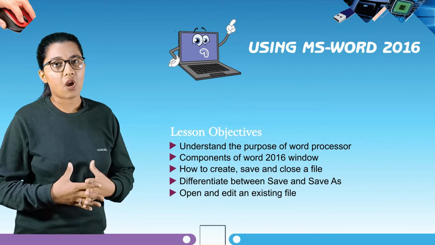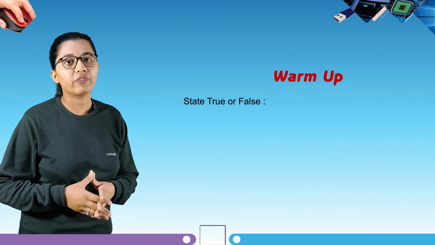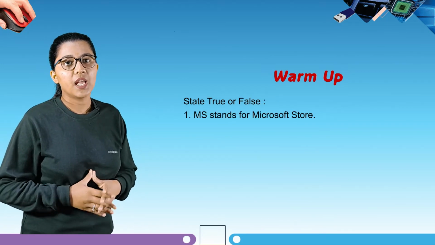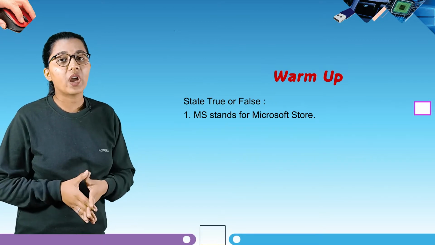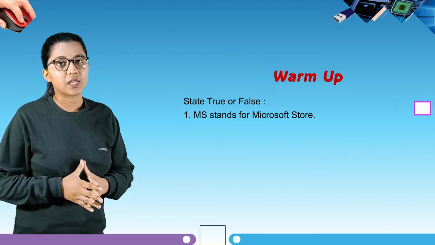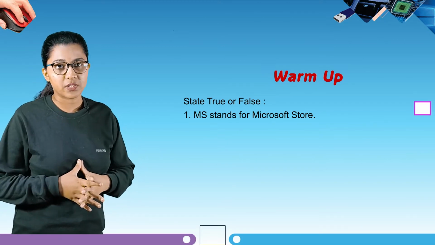So students, now we have some warm-up questions. First question is, state true or false. First, MS stands for Microsoft Store. You have to write T if you find the statement true. You have to write F if you find the statement false.